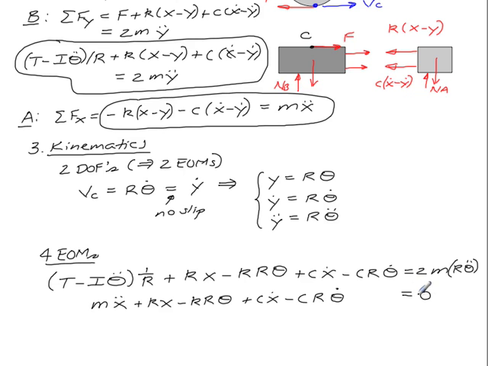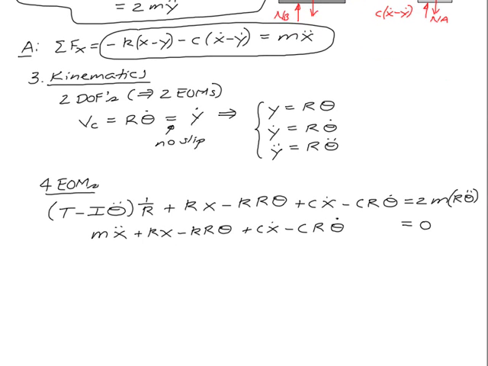I'm going to put all of the theta and x terms on one side. So the first equation gives us a 2mr theta double dot, like that. Oops, I need to not close my brackets yet because I've got another term. So I've got 2mr plus I over r, theta double dot.